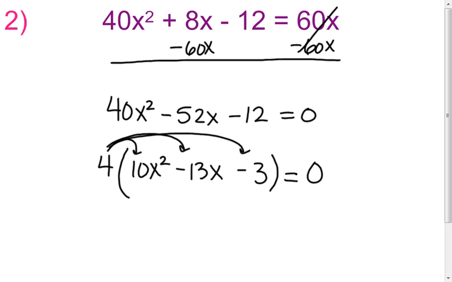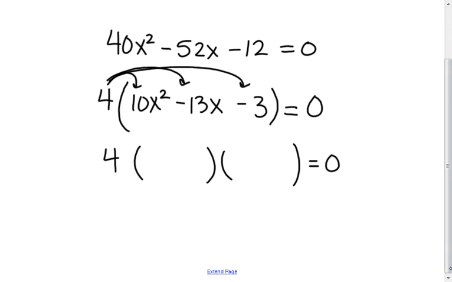Okay, now, notice that the part that's in parentheses is a trinomial. It has 3 terms, and it goes x squared, x, and a constant. So because it has 3 terms, you can factor that like this. Okay, so if I list my factors of the front, 10x squared could be 10x and x, or it could be 5x and 2x.